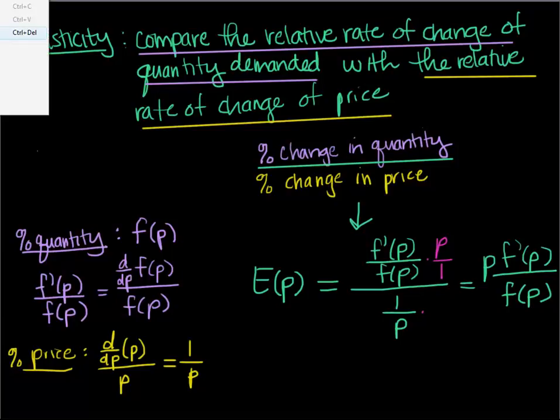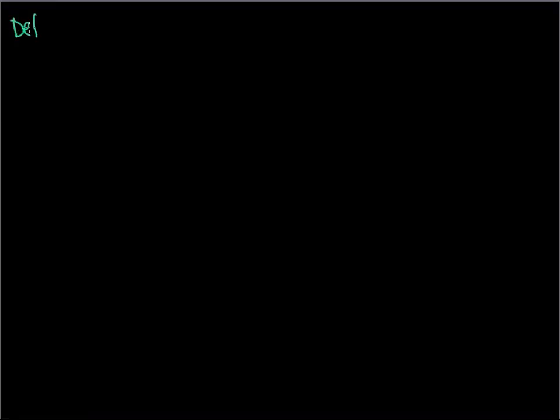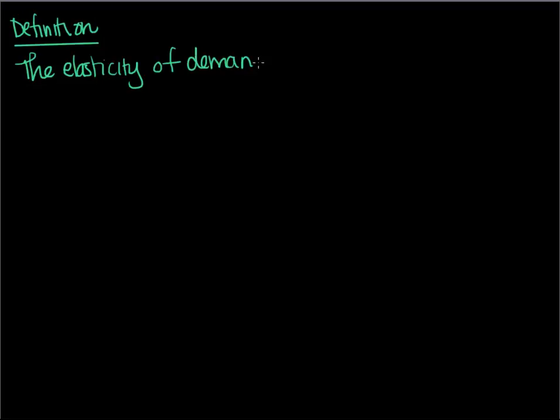So let's write that down a little bit better. So, definition. And then I'll talk about why we're going to add a negative in here. Okay, so definition. You should write this in your notes. The elasticity, or the price elasticity of demand, we'll call this E of P at price P. So you have to be given a price, right?